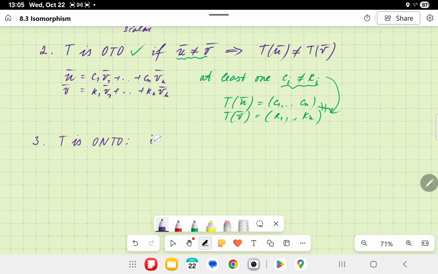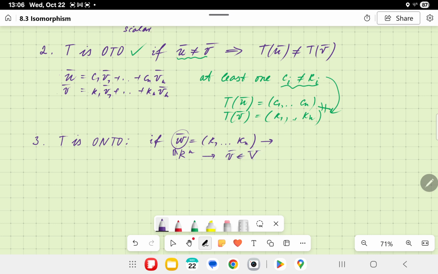So if W, which is equal to k1 through kn, then what is going to produce a vector like this? Can we find the source of this vector? Because this way we can show that it's onto, because we need to show that every vector W which belongs to Rn is going to have some vector V which belongs to the original vector space V.